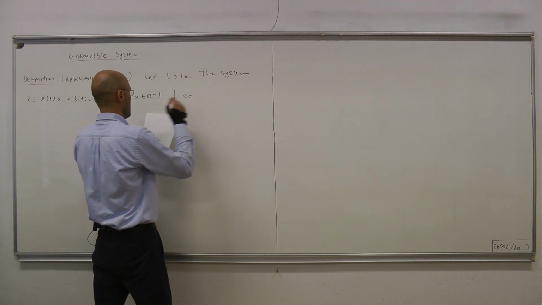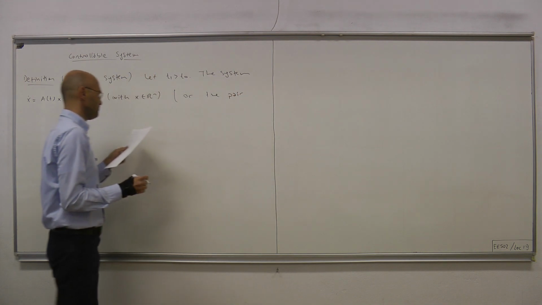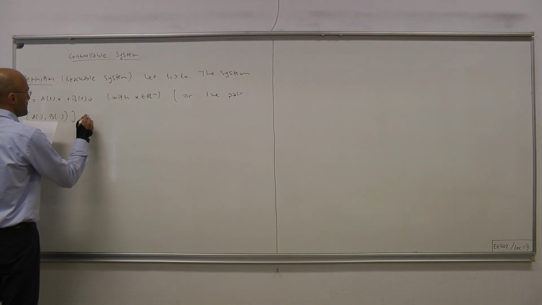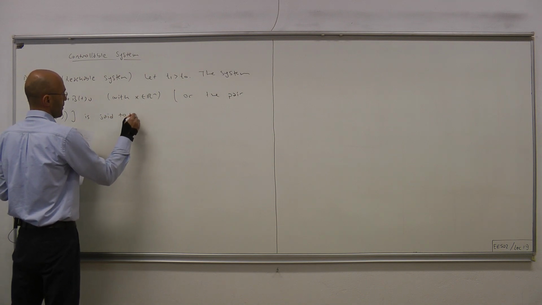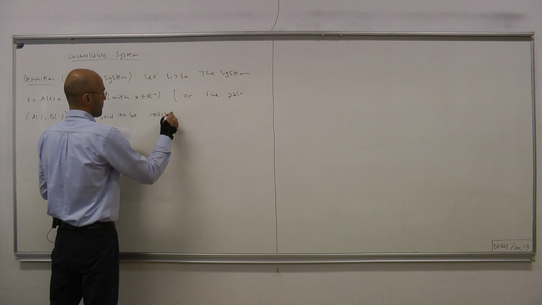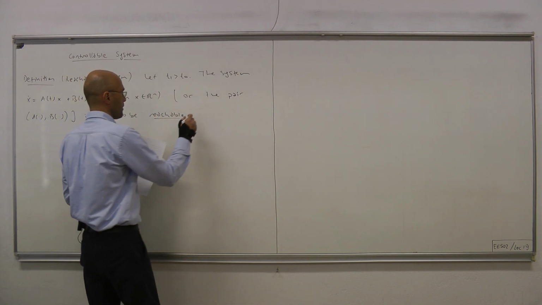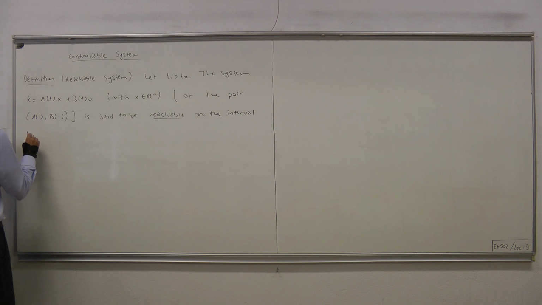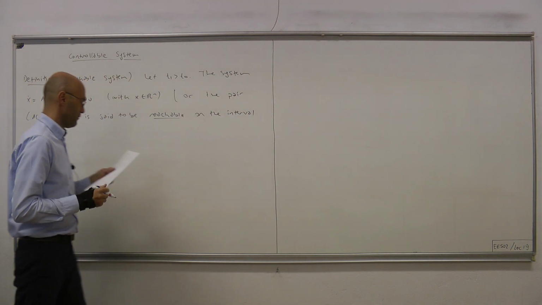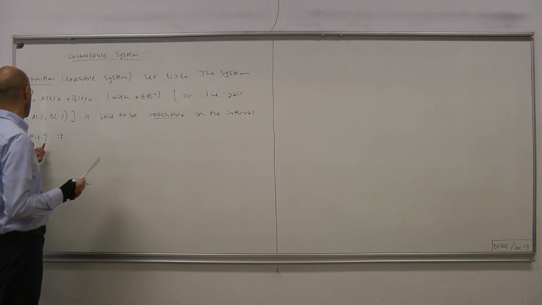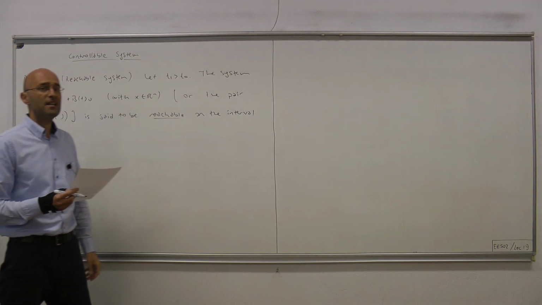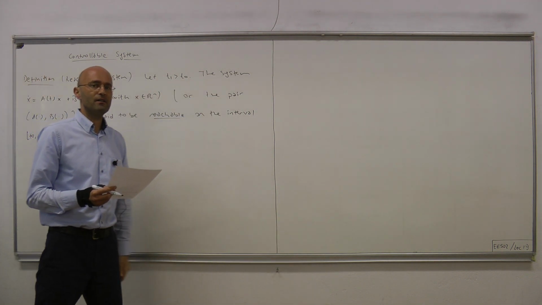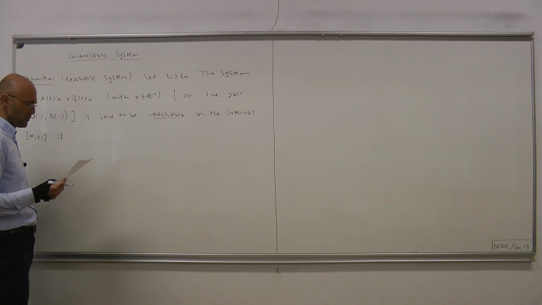The pair AB is said to be reachable on the interval t0 to t1 if within that interval you can transfer the state starting from the origin to any final destination at the end of the interval, at t equals t1.